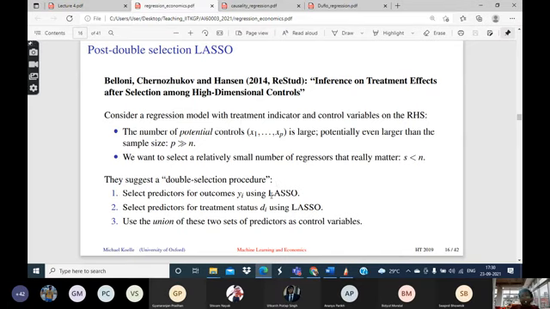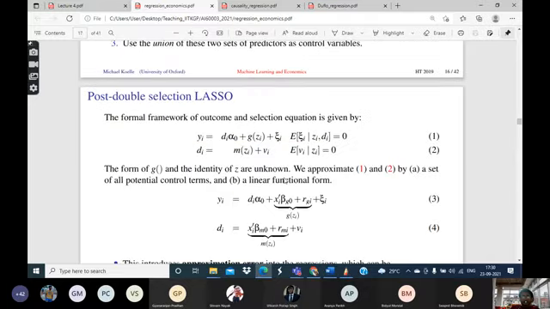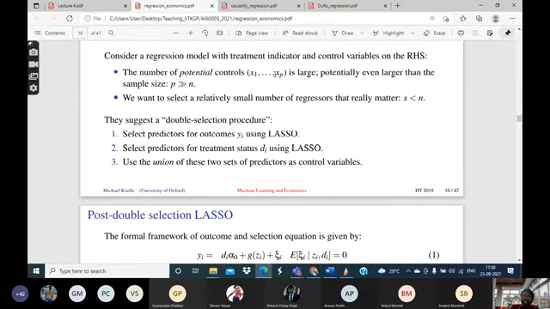Okay, in fact, I will consider giving you an assignment on this after this. So what people do is they do double lasso. That is to say, first they try to express the outcome YI, whether they are getting COVID or not, as a function of all the factors including the treatment.